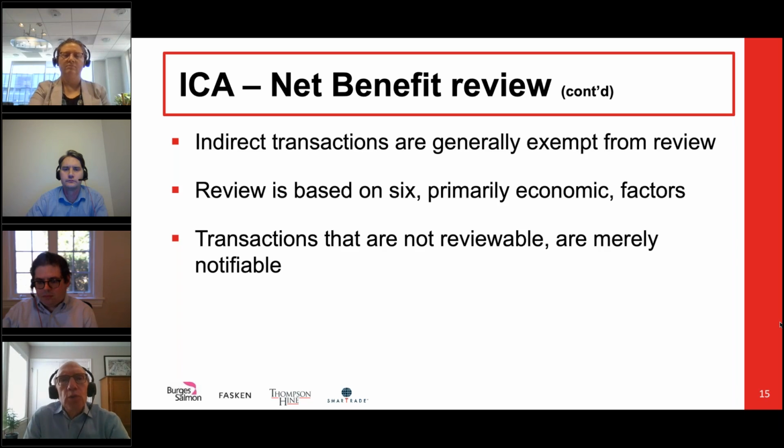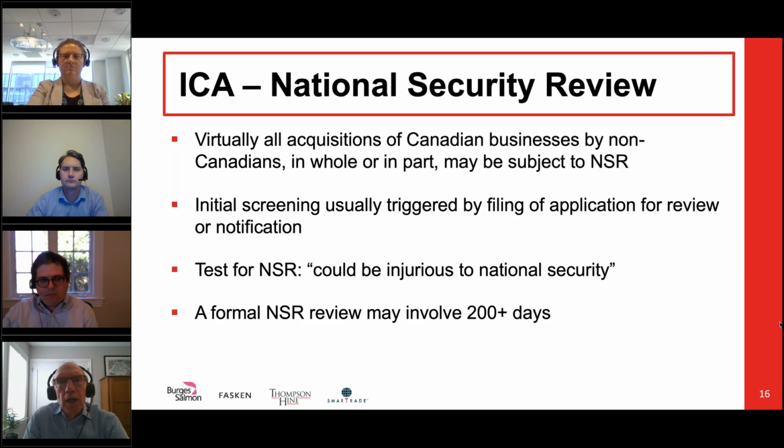So turning to national security review, in contrast to the situation with net benefit review, where we've got these very high thresholds that save most transactions from such review, in the case of national security review, you ought to assume that any transaction that touches Canada directly or indirectly in terms of a business presence will be vulnerable to a national security review.